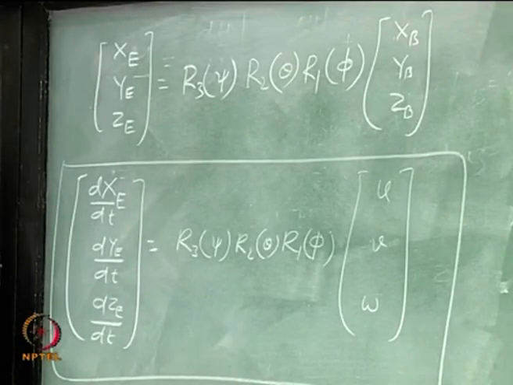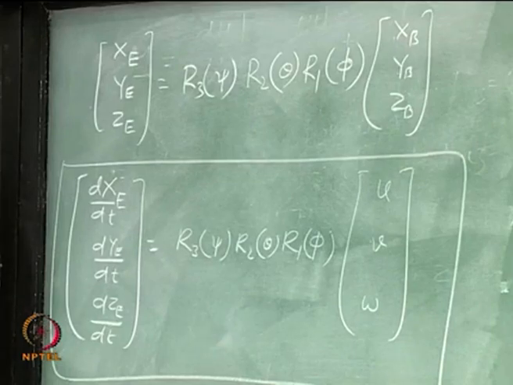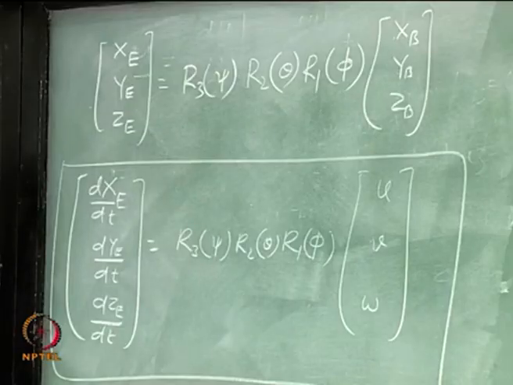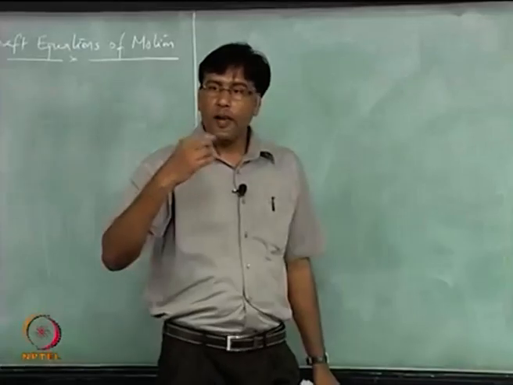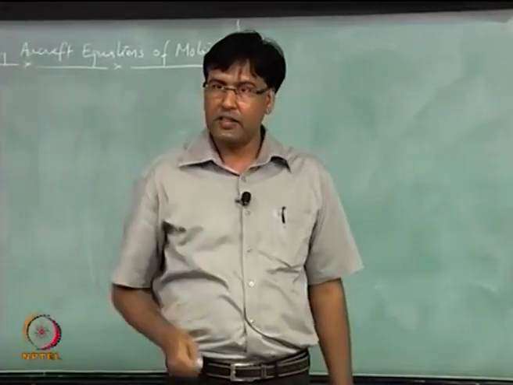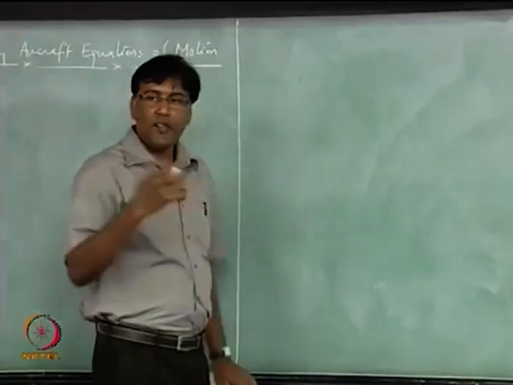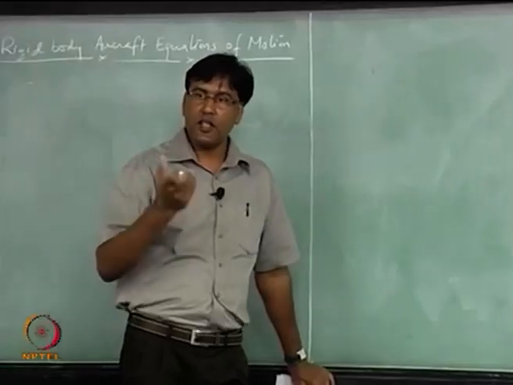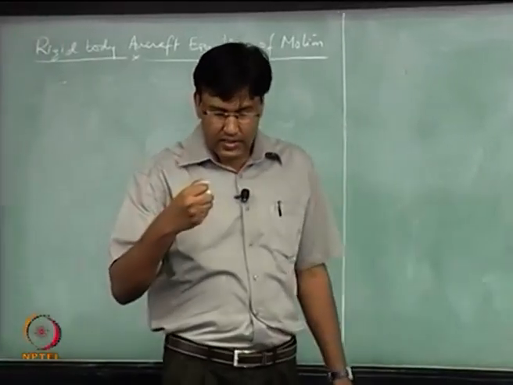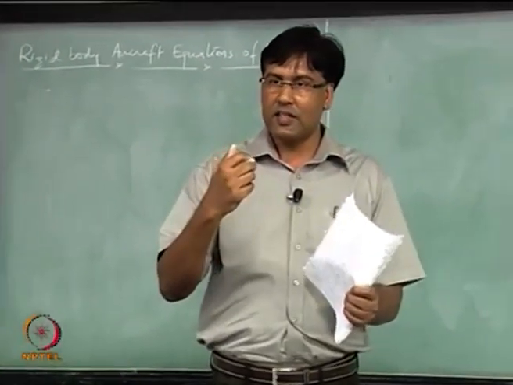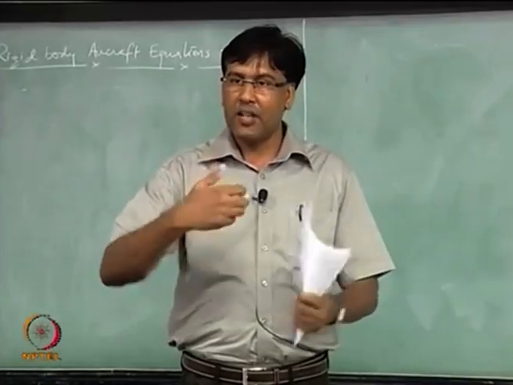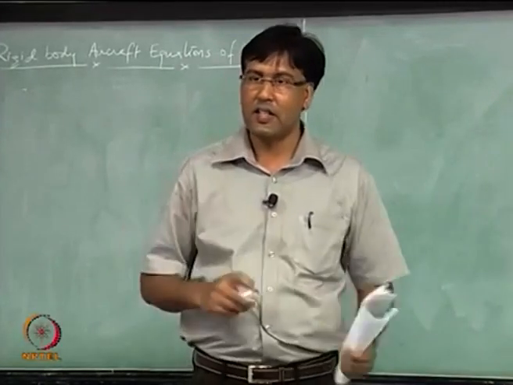Okay. So, I can quickly also give you an expression for the attitude dynamics. Let us say we have a vector of angles. There is a small change in all the angles of the aircraft about the earth fixed axes.